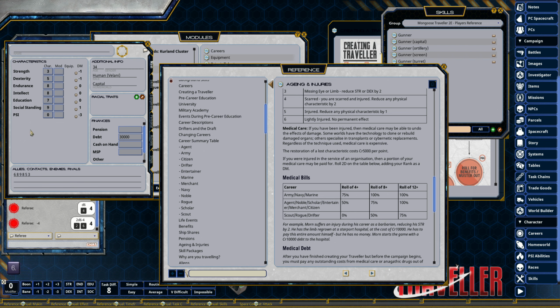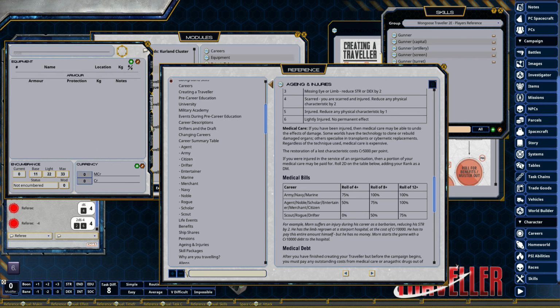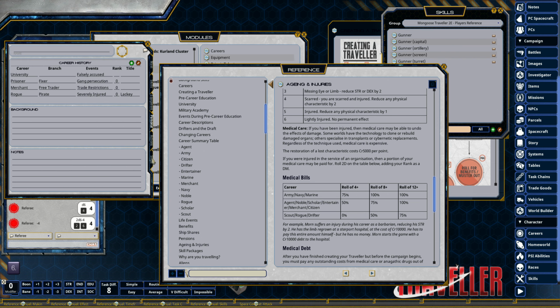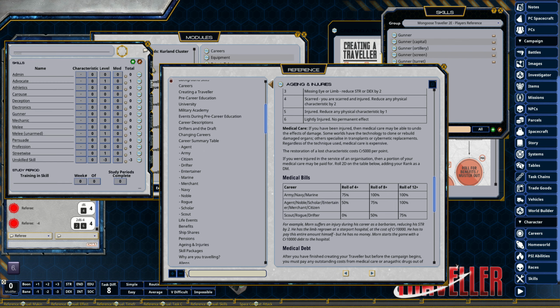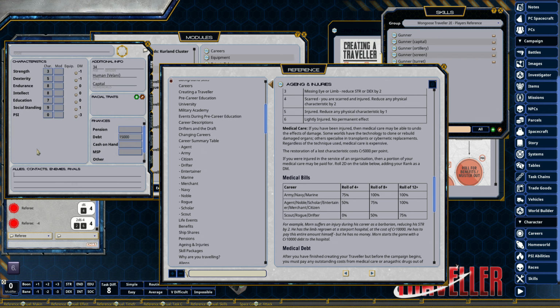So, oh hey, my pirate crew is going to pay half of my medical bills, which only leaves me with 15,000. Well, there we go. That's my character, basically. I don't have any cash, so I cannot buy any equipment.